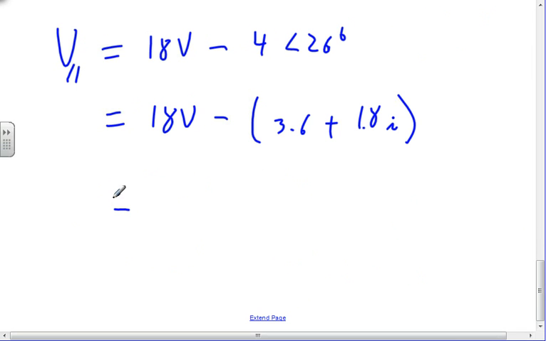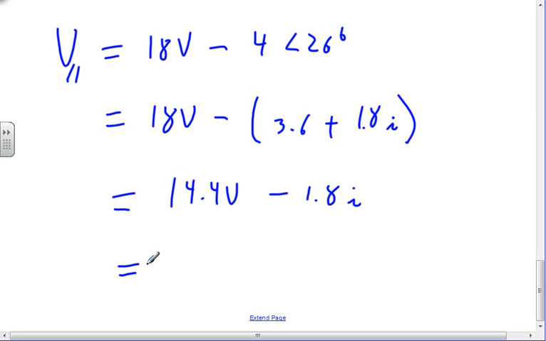So now I have 18 minus 3.6, that's 14.4 volts, minus 1.8i. I'm going to change that back to polar form.